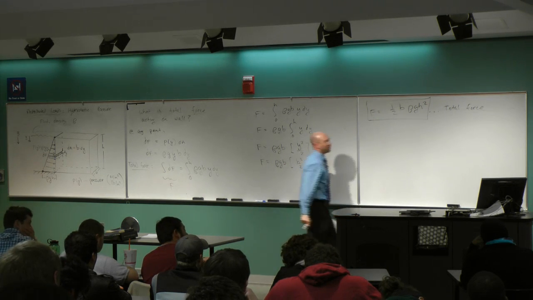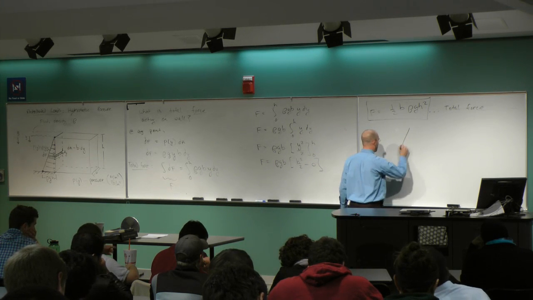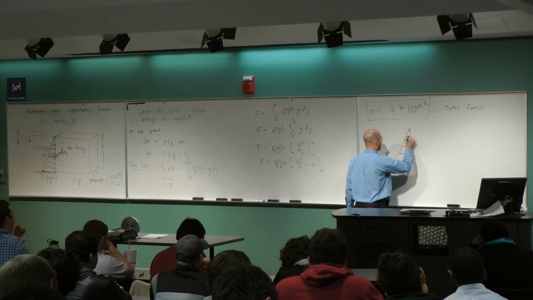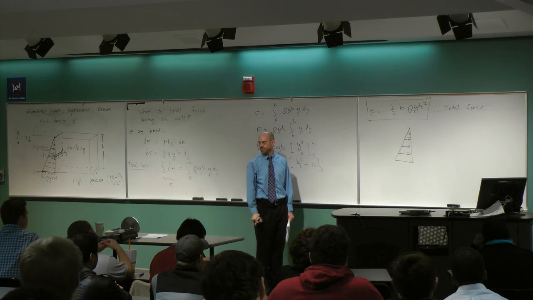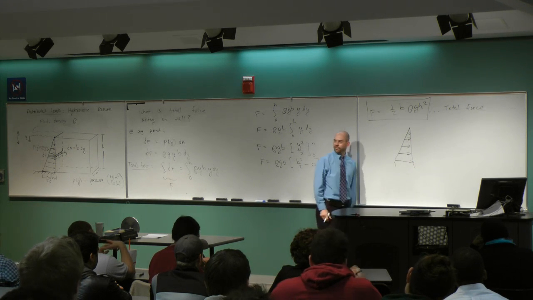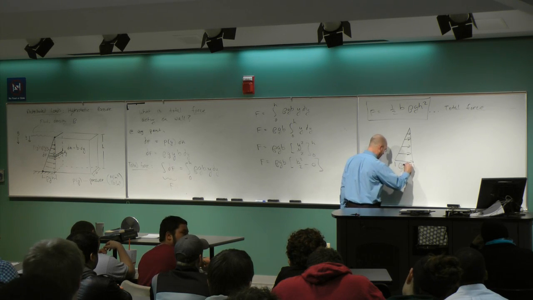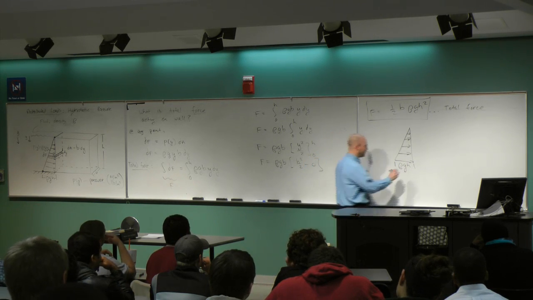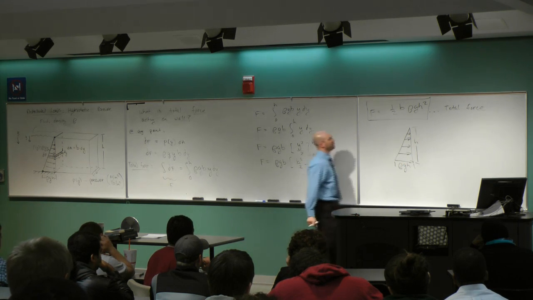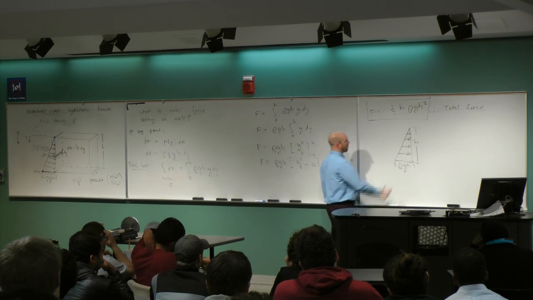All right, so here's something I want you to think about. Take a look at what my force distribution looked like here. I'm just going to draw the force by itself. What shape is that? It's a triangle. The base of it is already labeled over there, right? The base of it is rho g h. The height of it, h. So, what's the area of that triangle?